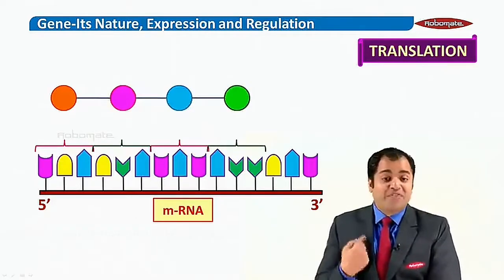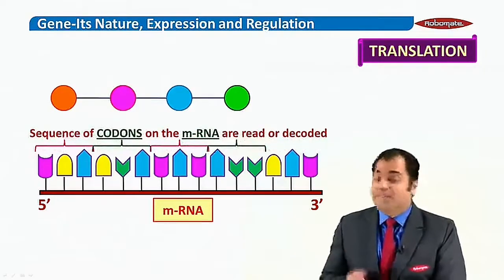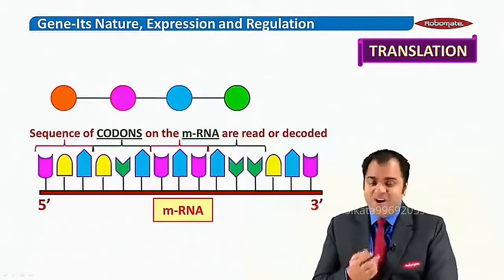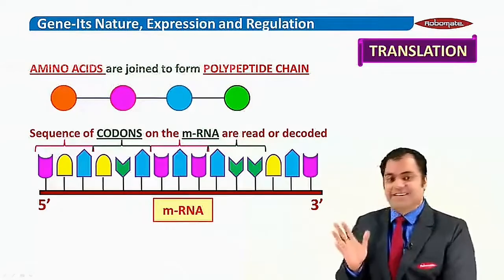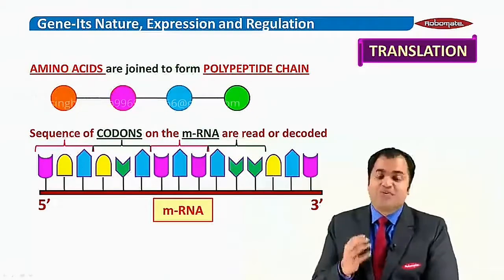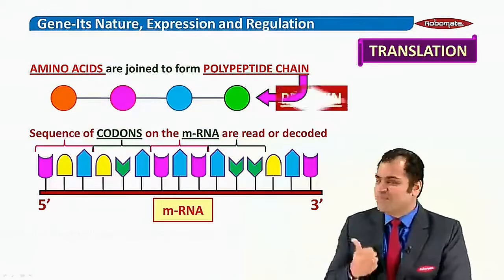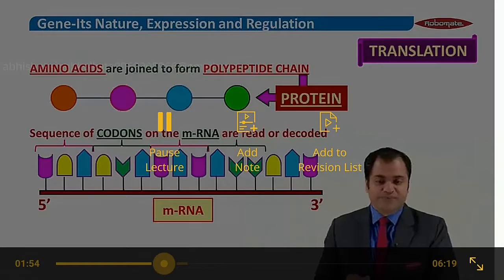So how would I define translation? I can say that translation is a process where the sequence of codons on the mRNA is read or decoded to give you amino acids, which are joined to form the polypeptide chain, which we call the protein. Is that okay? And that is translation for you.